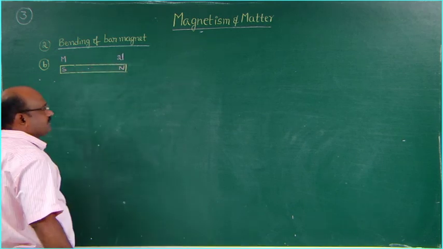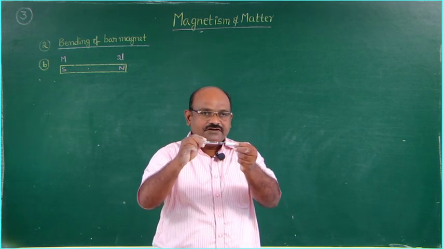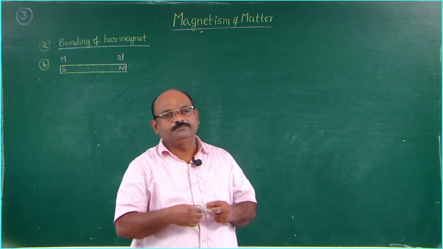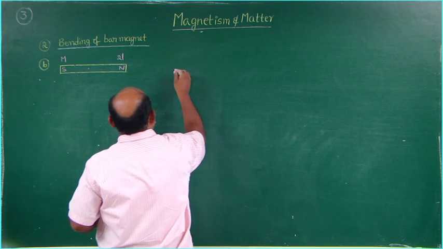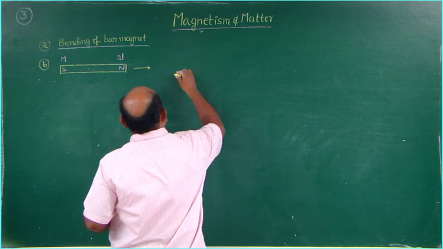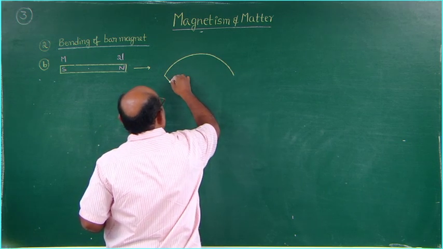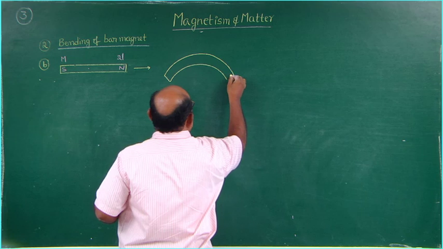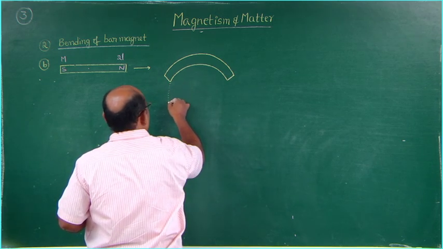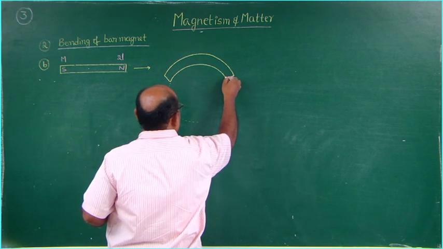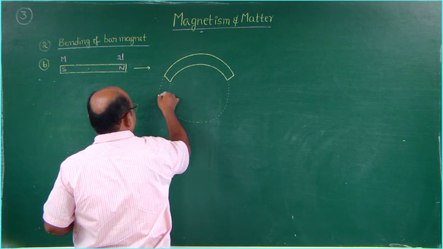This is the center of the magnet. Now, the question is, we have a bar magnet like this. If the bar magnet is bent into an arc of a circle, what is the new magnetic moment? That is the question. So, this is the complete circle.